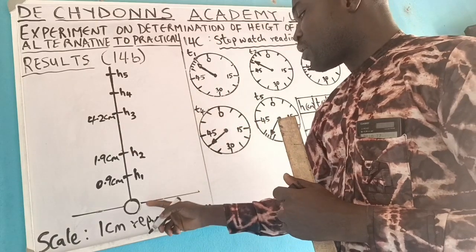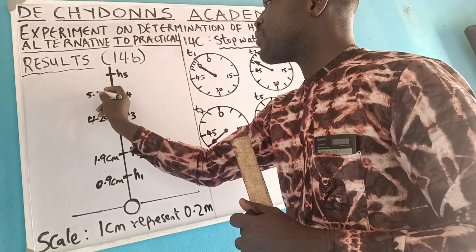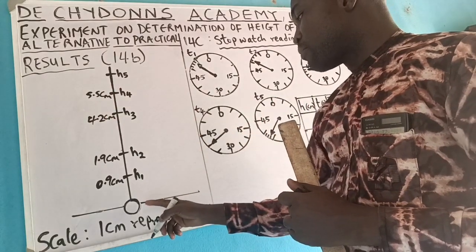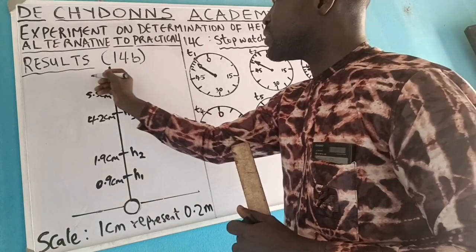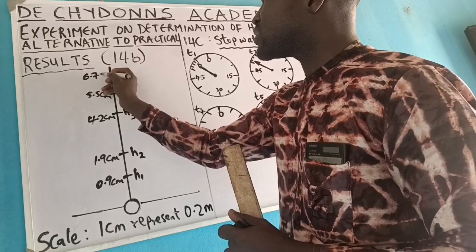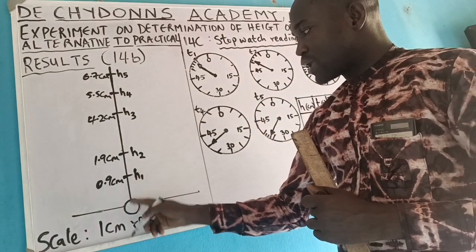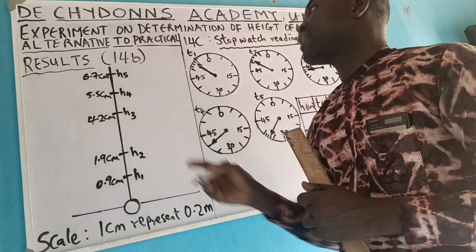From ground level to H4, we got 5.5 centimeter. When we measured from here to H5, we got 6.7 centimeter. So from here to here, H1, H2, H3, H4, H5.